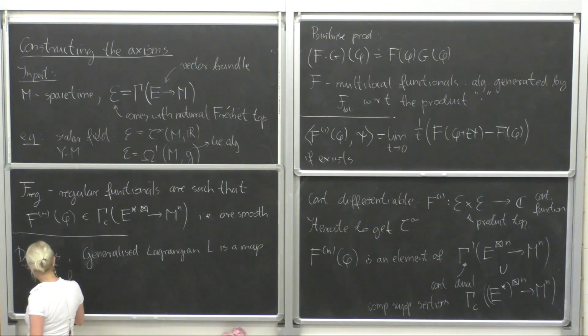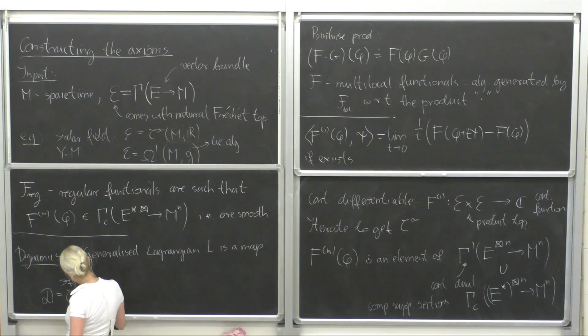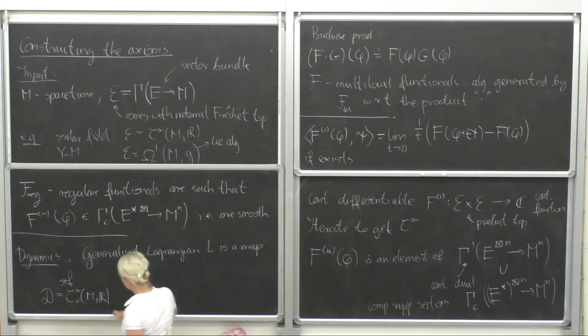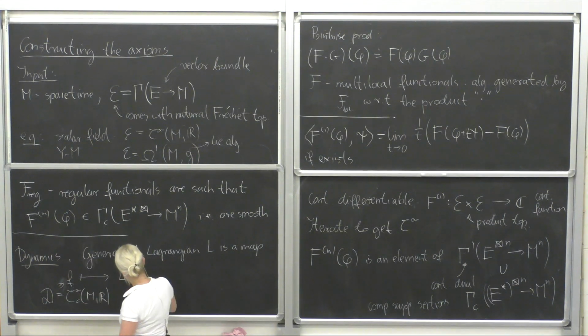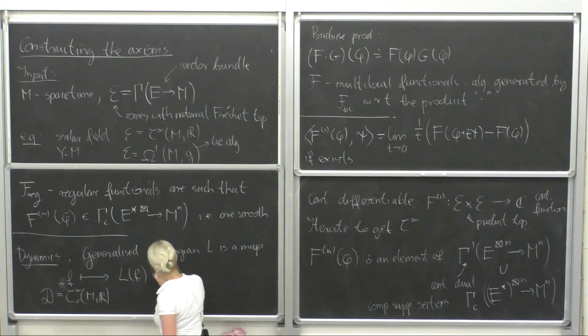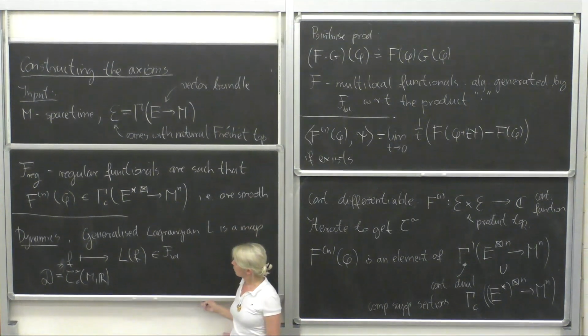I'm going to use the Schwartz notation D, which is smooth, compactly supported functions on M. So it takes f, which is an element here, and assigns to it L of f, which is a local functional. Okay? So that's what the generalized Lagrangian is.